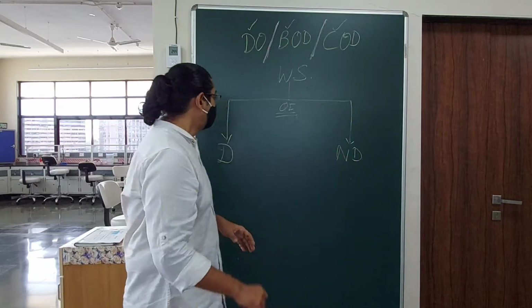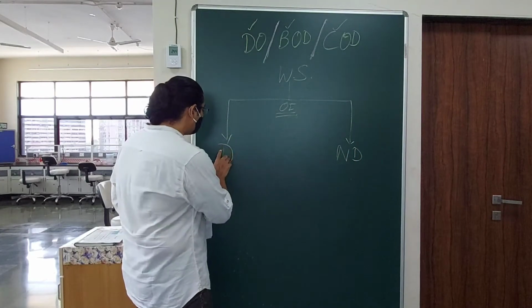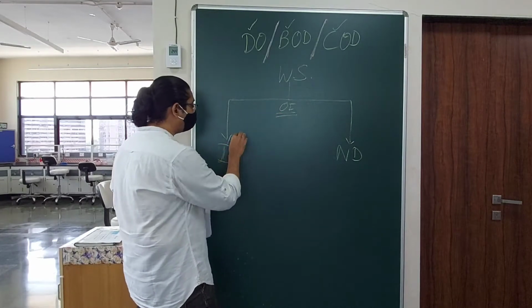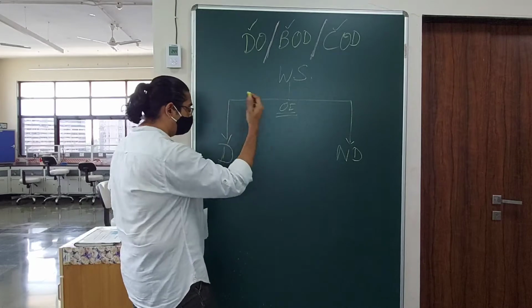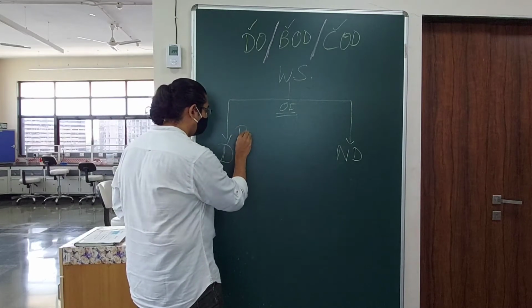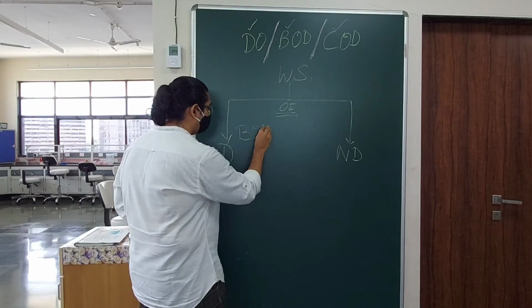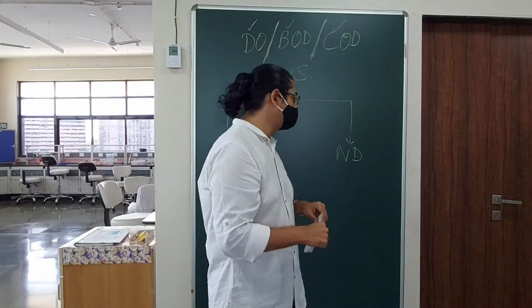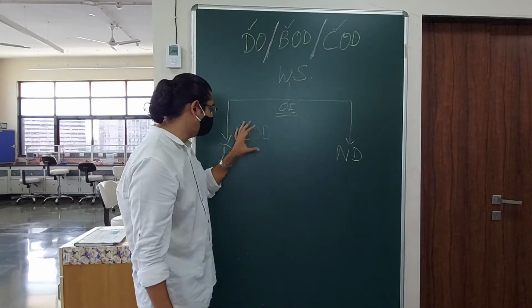Now, what does it mean to us? If something has a high BOD value, from BOD you get the value of the degradable organic impurities. Now, what exactly do we do in BOD? I'll come back to the BOD in a minute again.